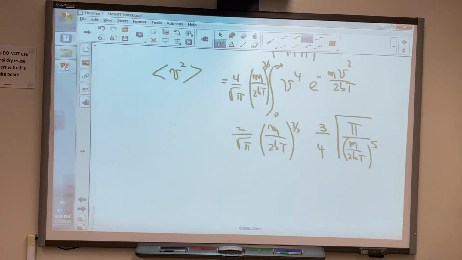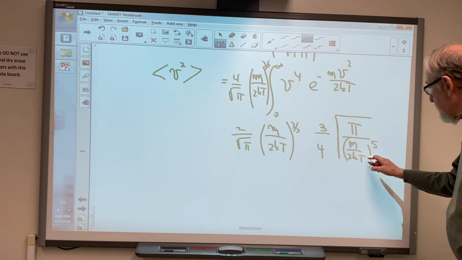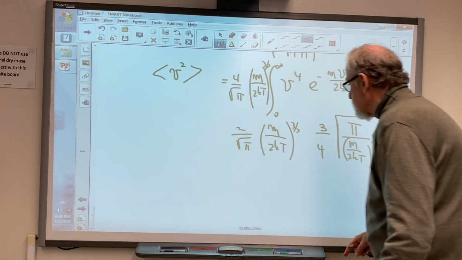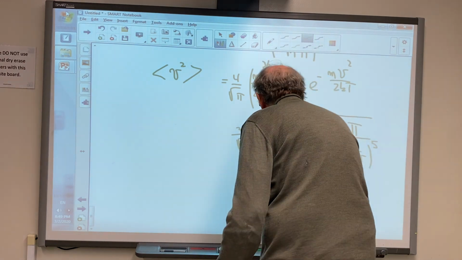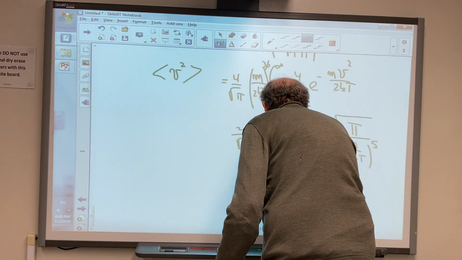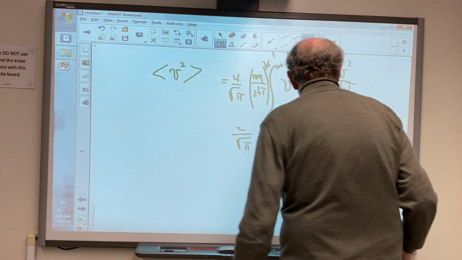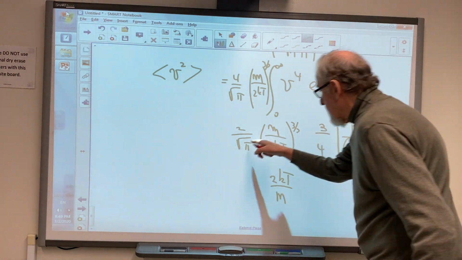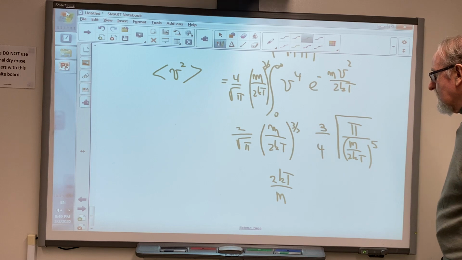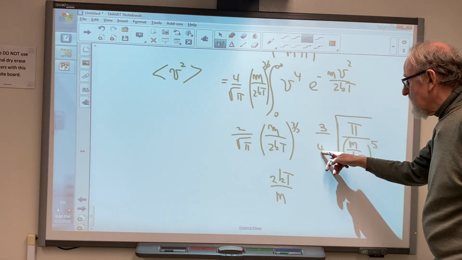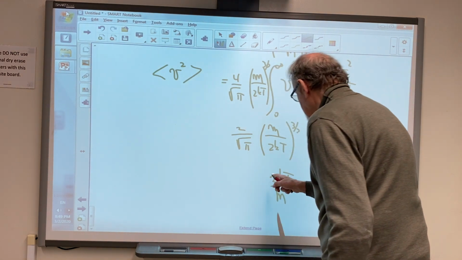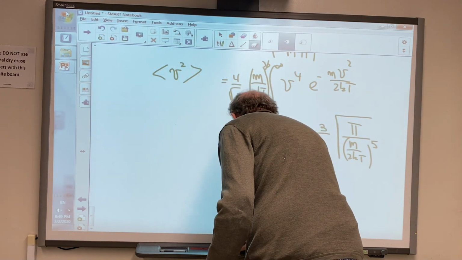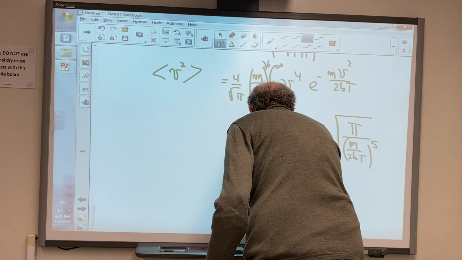And let's see what that gives me. So I have 2kT to the 5 halves, but here I have it to the minus 3 halves, so I have it to the 1. So I have 2kT over m to the power 1, combining this and this. The square root of pi goes away, and I get 3/4, 3 halves. 3 halves times 2 is 3. So I get 3kT over m.